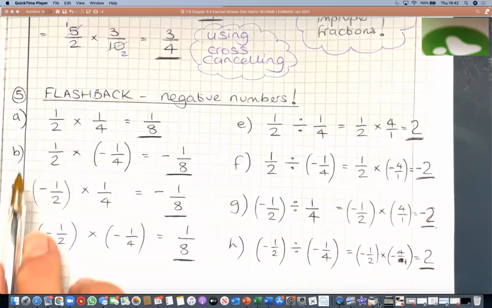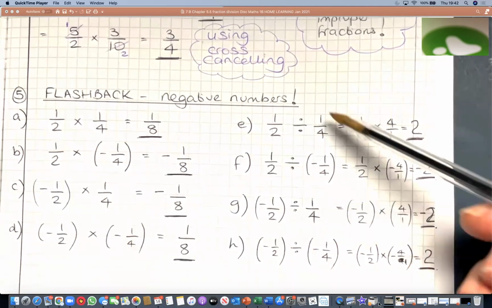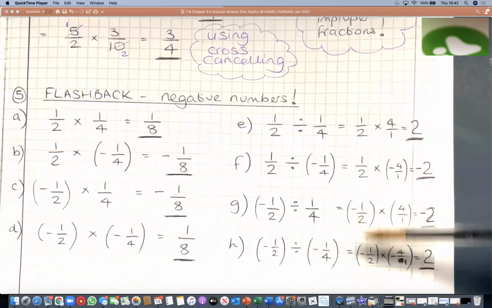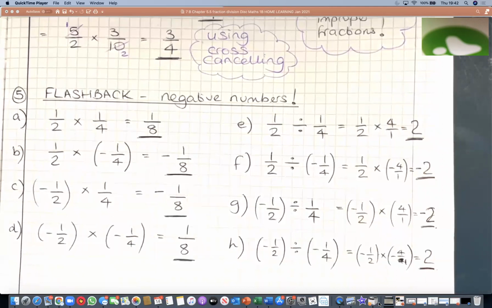Okay, so you can see why I did the multiplication first, because we're taking a division calculation and we're turning it into a multiplication. So that's your flashback for negative numbers.